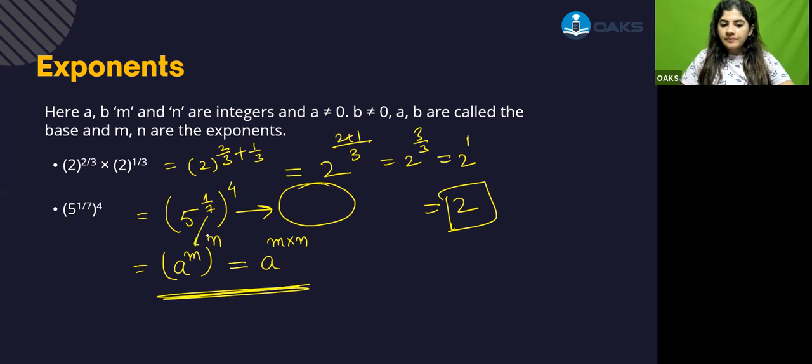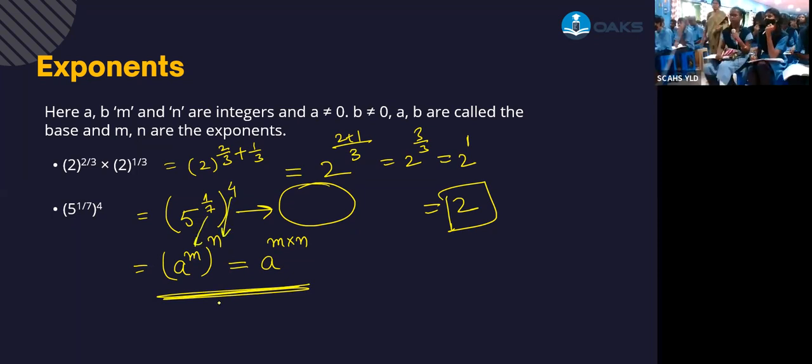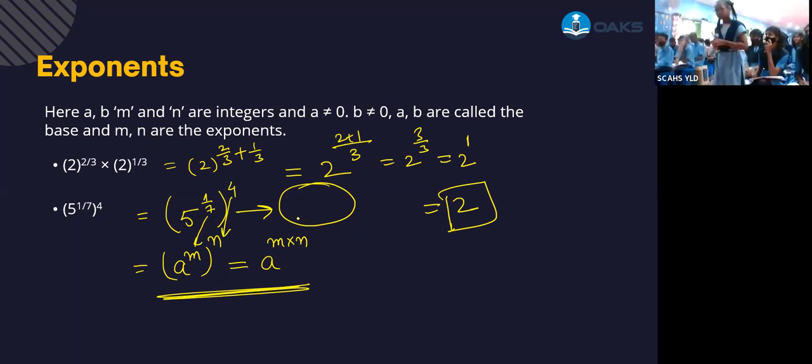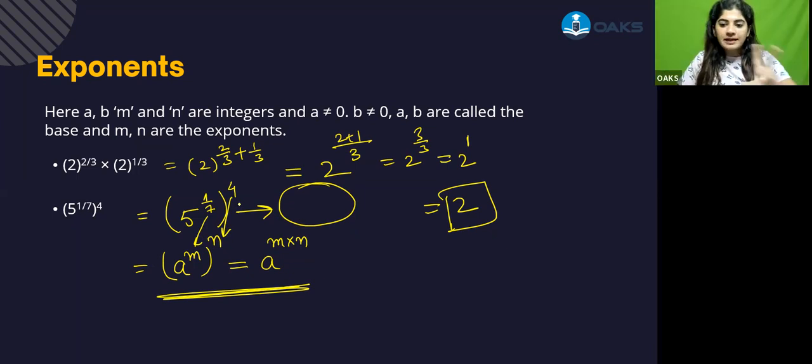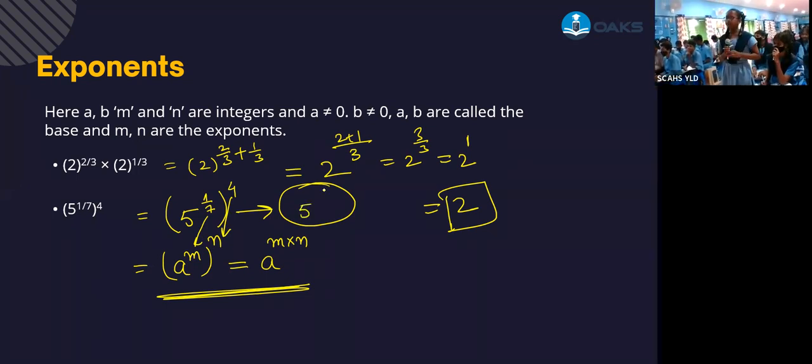This is M and this is N. So now we just have to multiply these two powers. So what will be the answer now? 5 raised to power 4 by 7. Great.